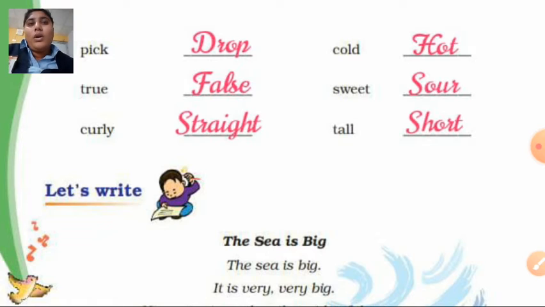Now, cold and hot. Cold is something that you feel when you're holding ice, and hot is something that you feel when you are drinking warm milk. Then we have sweet and sour. Sweet means something that you love the taste of, like ice cream or chocolates.